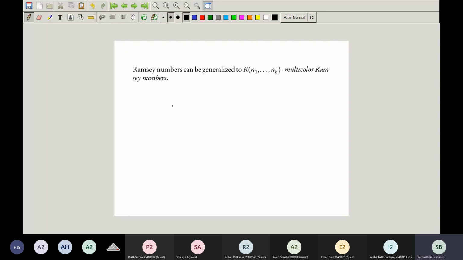So one complete graph on n1 vertices in color C1, all the way up to one complete graph on nk vertices in color Ck. At least one of these should appear in the coloring of K_n. Okay? That's what it is.